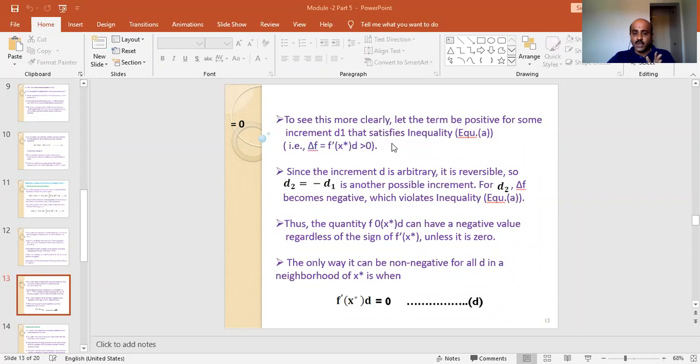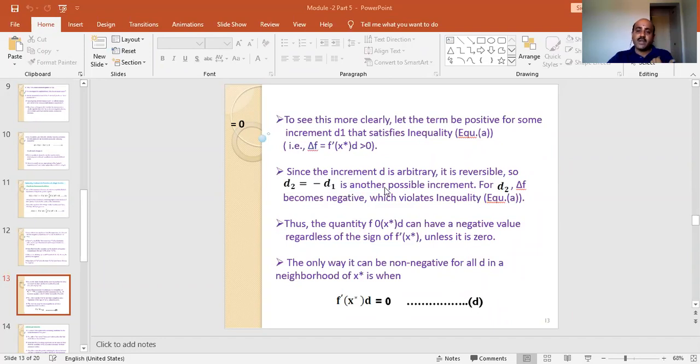Since the increment d is arbitrary, it is reversible. In the sense, a positive value can become a negative value. So d2 will be assumed as minus d, which is another possible increment.